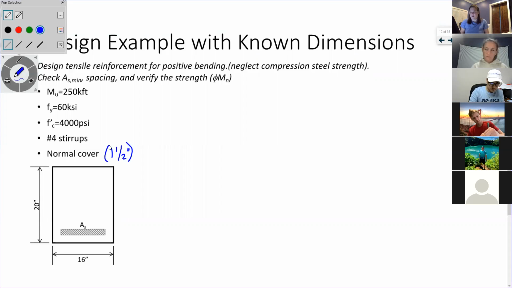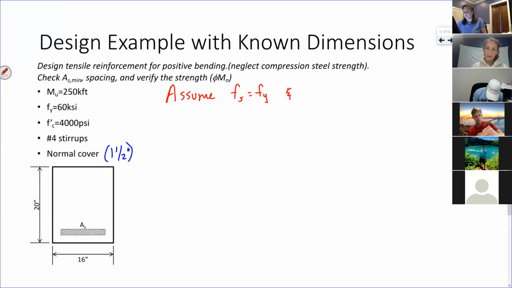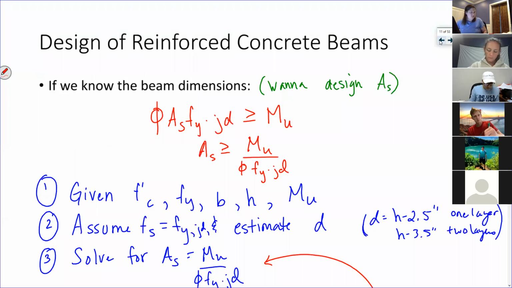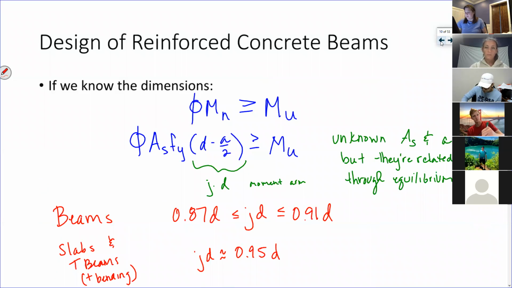I gotta assume that my steel has yielded, and that jd, that's where I'm starting. It is about, I don't know, 0.90.